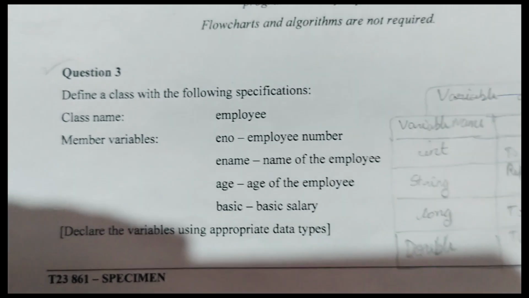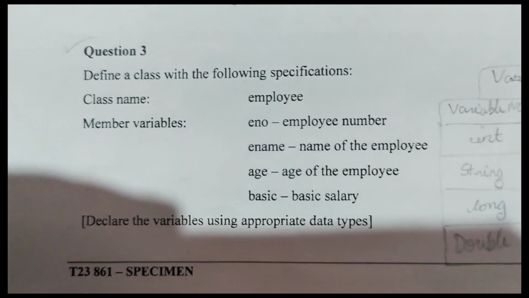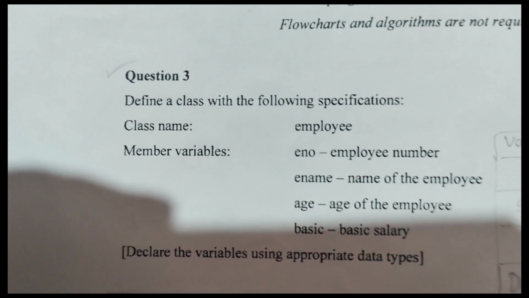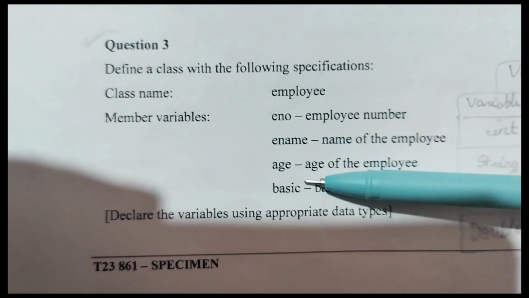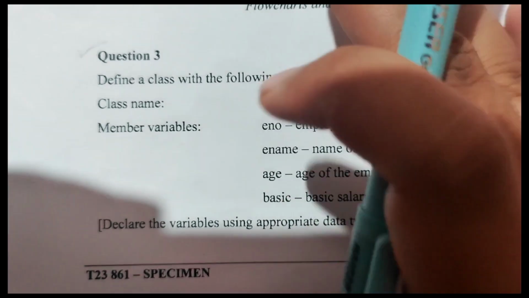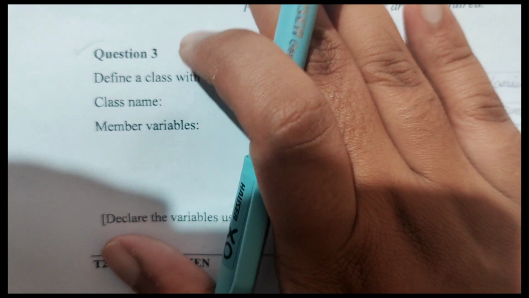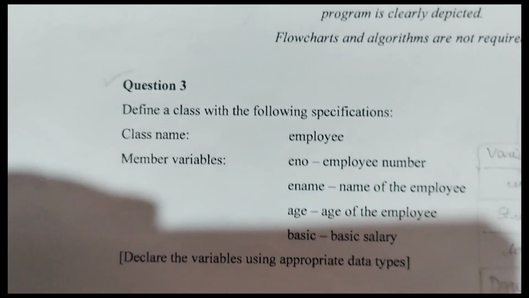And in void accept, as we see in the question paper, we should initialize these as per the description given in the question paper. So this is a sure question in the examination, and you will be able to score 15 marks.